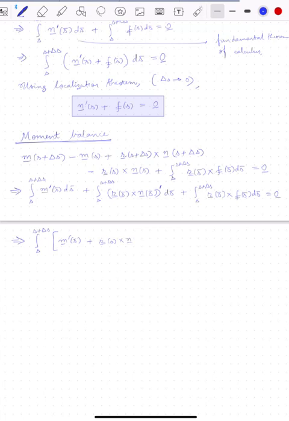We can expand it as well, so we can have r prime cross n of S bar plus, or maybe let's keep it as of now. We'll deal with it later. And this is n, plus r of S bar cross f of S bar, and then dS bar is equal to 0 vector. Again, using the localization theorem.